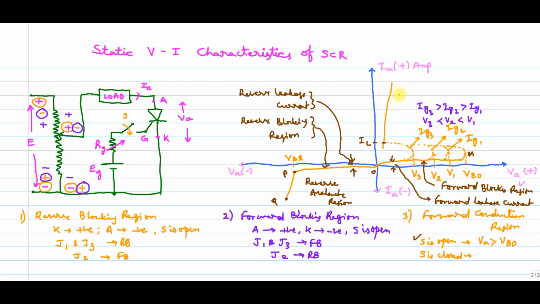To switch off the SCR, I am at this spot, I need to reduce the current up to the latching current. If I leave it at the latching current, it will be turned on again. So I need to reduce this current below the latching current, to the holding current. This is called IH. After this, if I leave the device like that, it never goes back to the conduction state. It will stay off. This current is called holding current, and this is very important. My latching current is always more than the holding current.